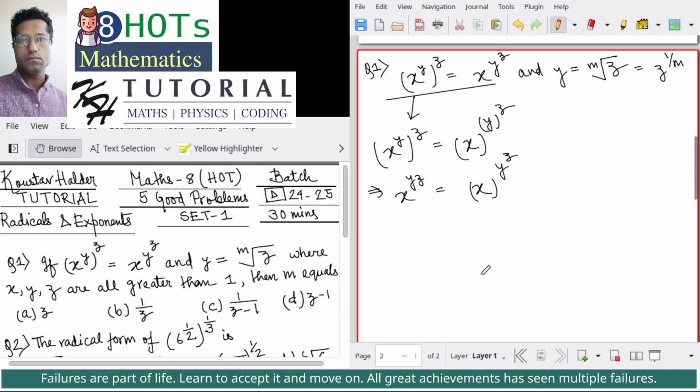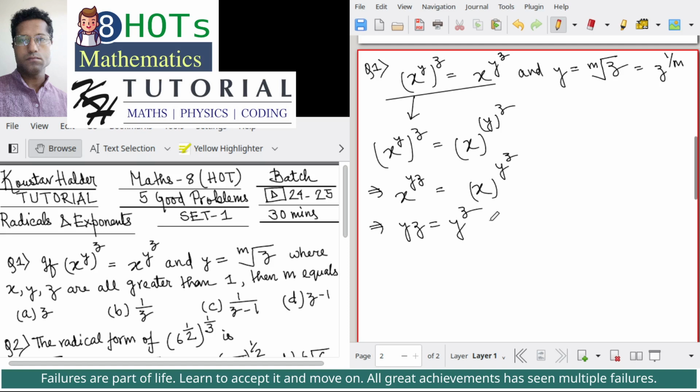So now see, in this equation, both the LHS and RHS are in the exponential form, and the base is the same, x. So we can equate the powers, and we will have yz is equal to y to the power z. So we get yz is equal to y to the power z. Okay.